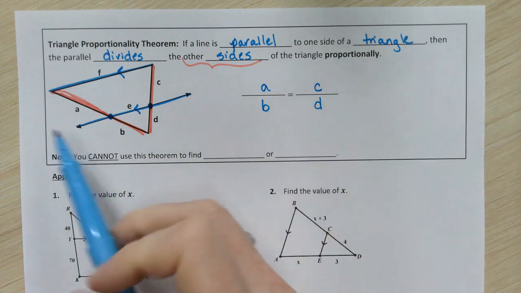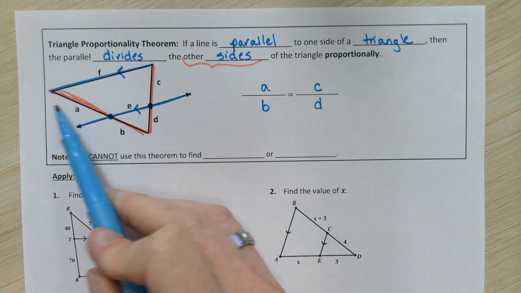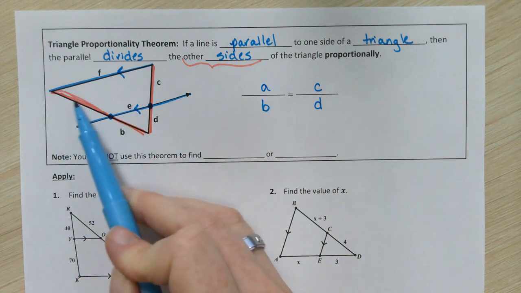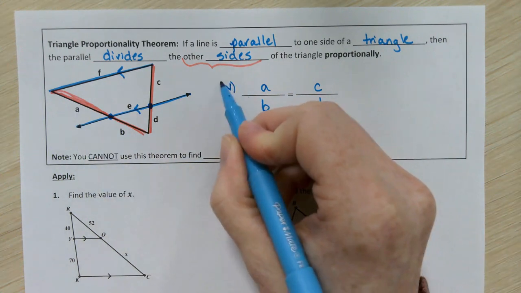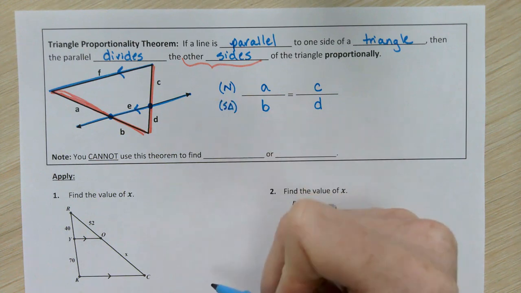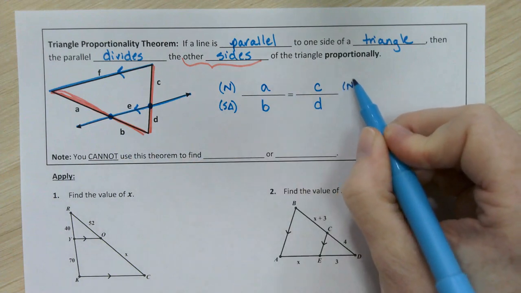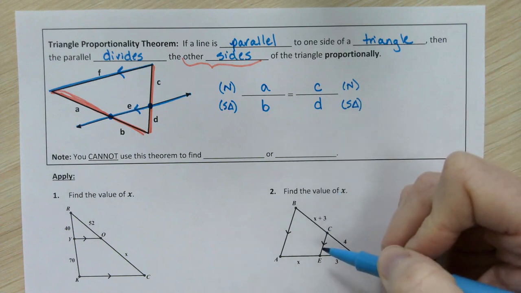And so what we're allowed to do when we have that parallel to a third side of the triangle is we're allowed to set up a proportion using that neither piece. In this proportion, that neither piece is up top, and then we have our small triangle side on the bottom. Same thing over here, that neither piece is on top, and then we have that small triangle side on the bottom.